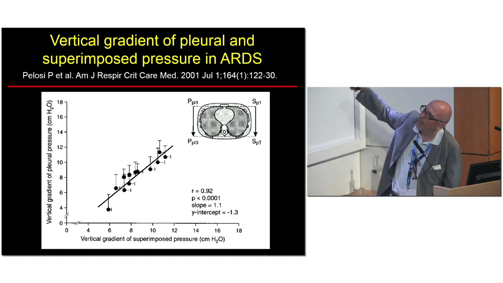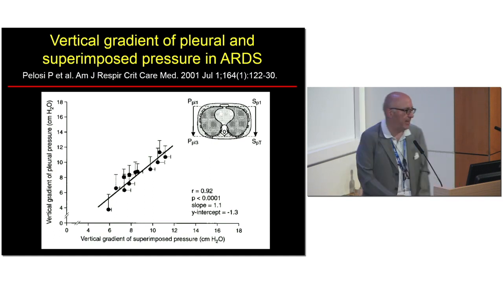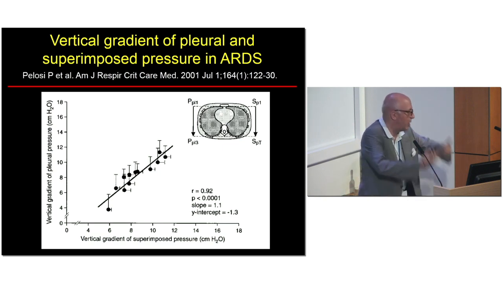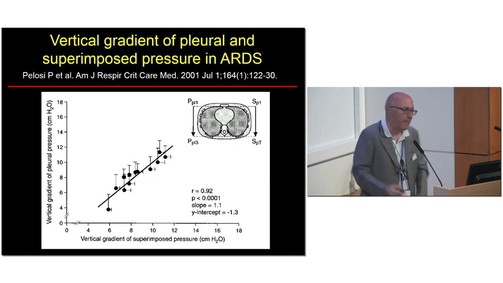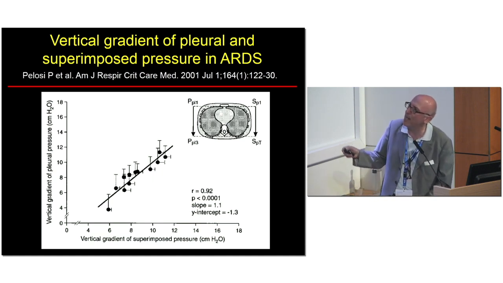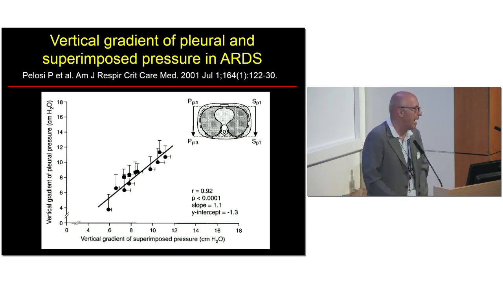So the higher the weight of the lung due to the edema, the higher the increase in the gradient in the pleural pressure. So this is an additional variable that you have. But what we are measuring by esophageal pressure is the pressure more or less in the middle of the lung.